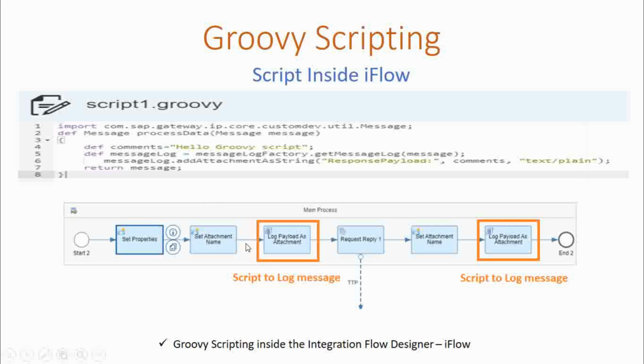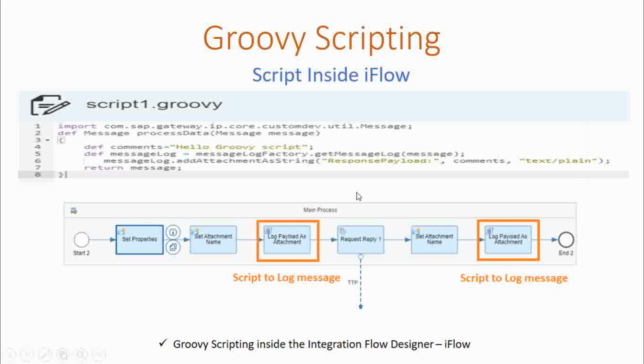So inside the iFlow we may have to transform the message to the structure which is suitable for the target system, right? The message should be translated to the structure by which the target system can understand.